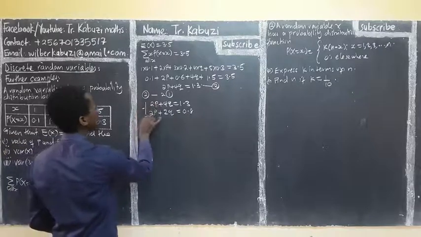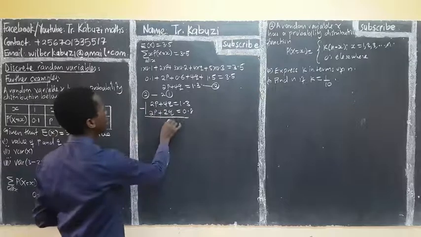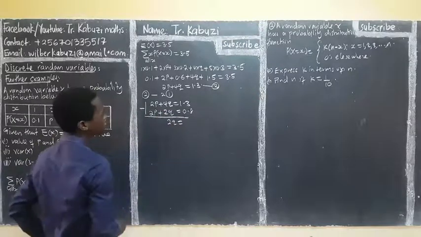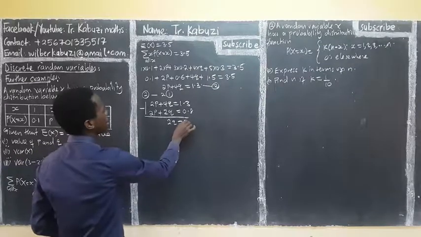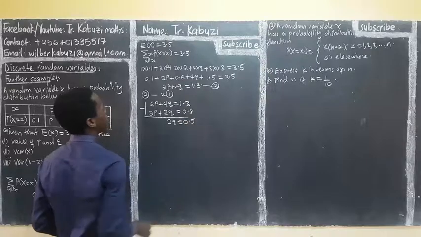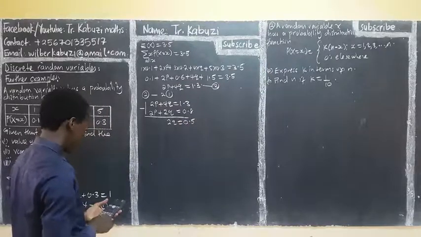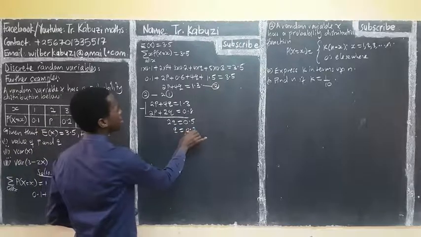Then I subtract, so I can eliminate p. This will give me 2q equaling 0.5. Divide by 2, my q will be 0.25.